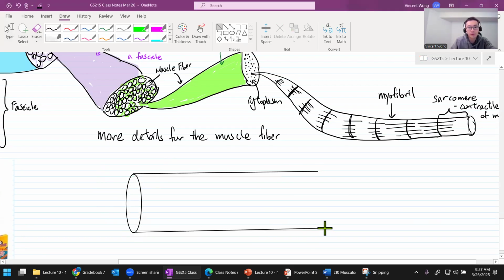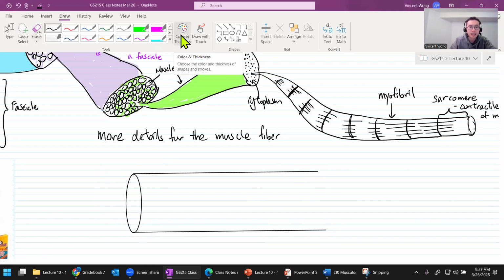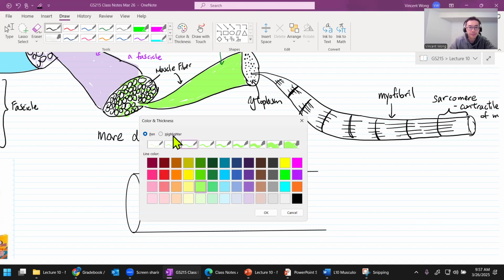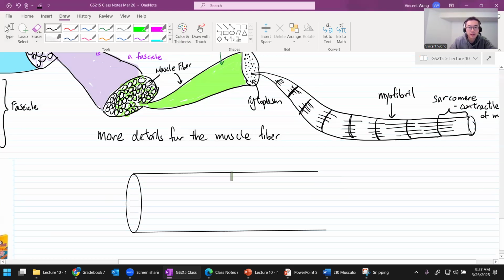There we go. It's really, really long. And I told you already, the muscle fiber is surrounded by this connective tissue.